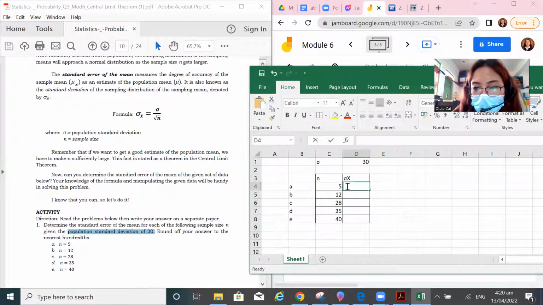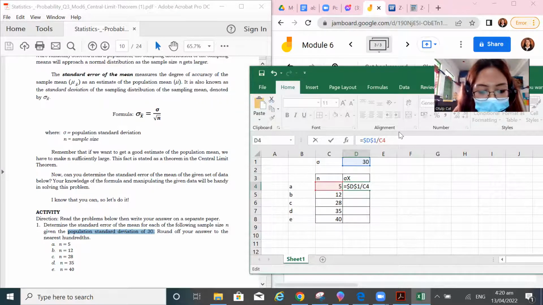So let's follow the formula: 30 divided by the square root of F4. That is the formula.